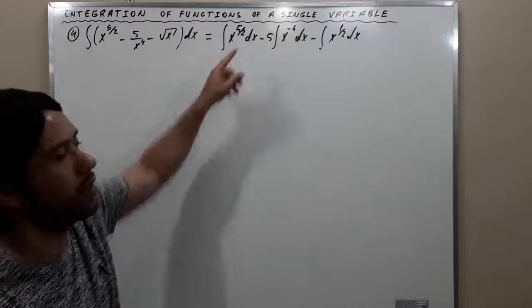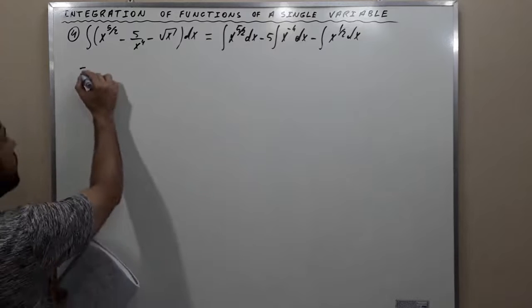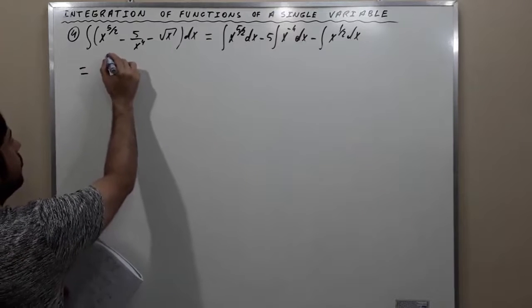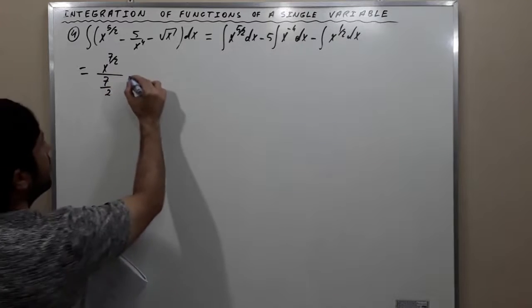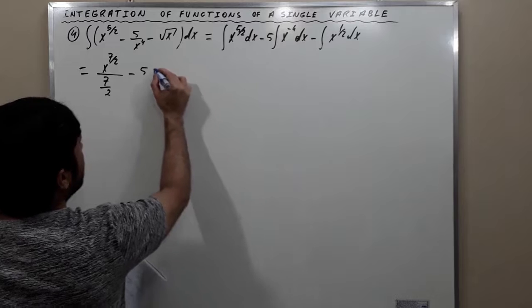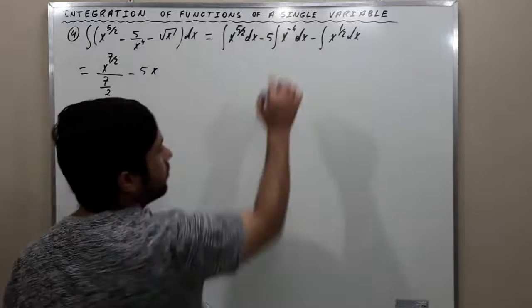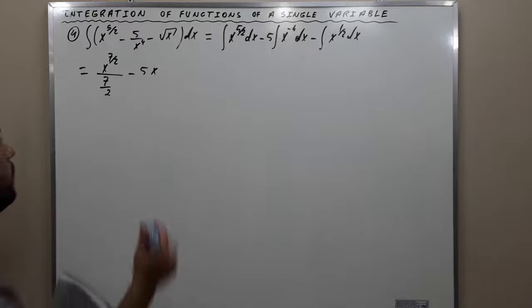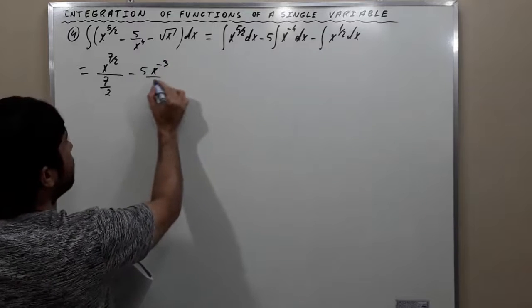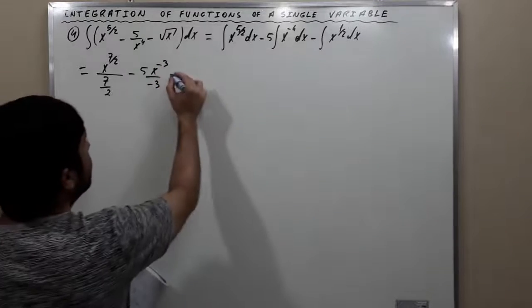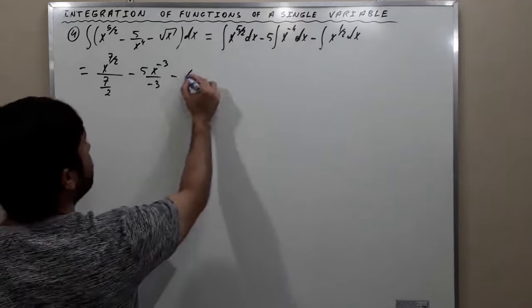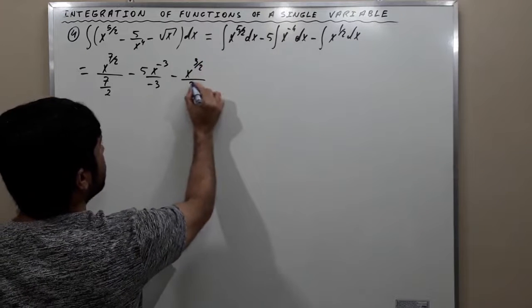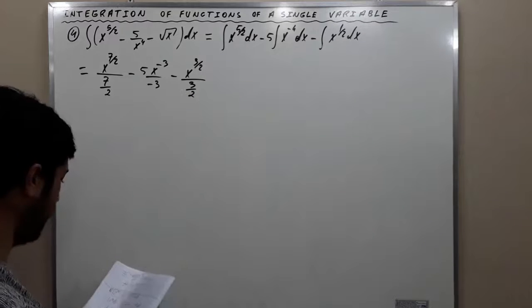And if we add 1 here, it becomes x to 7 halves divided by 7 halves minus 5 times x to the negative 4 plus 1, which is negative 3, divided by negative 3, minus a half plus 1 is 3 halves, x raised to the power of 3 halves divided by 3 halves. Okay?